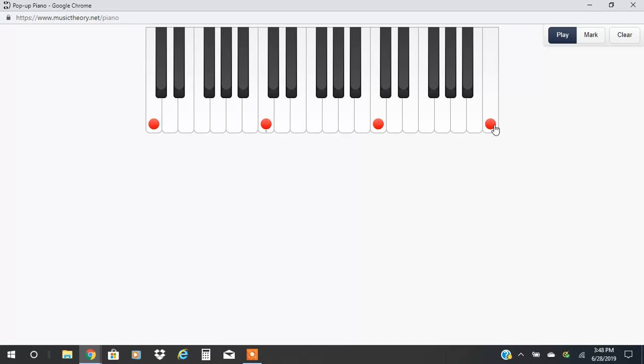So when I say going up and down the piano, or higher and lower, to go up the piano or higher means to go from left to right. To go lower or down on the piano is to go from right to left. So if I want to say go higher or up on the piano, this is ascending, going up the piano. If I say go down the piano or go lower, it will look like this.